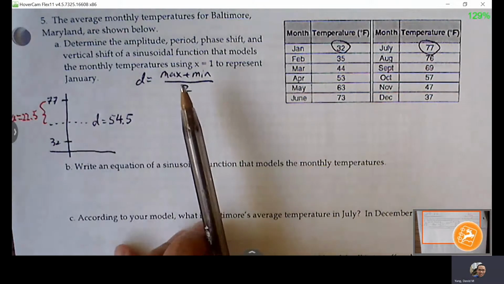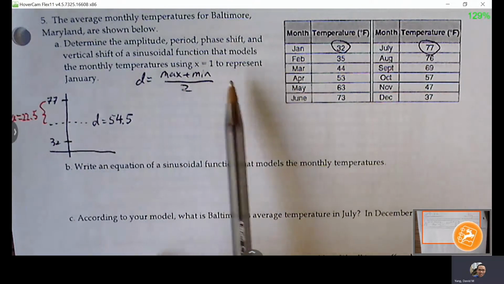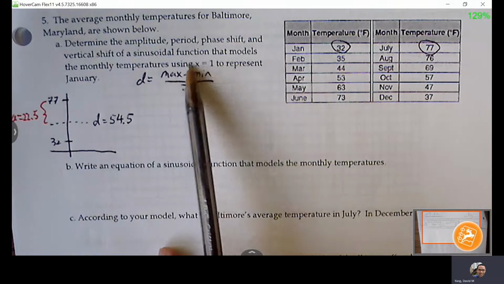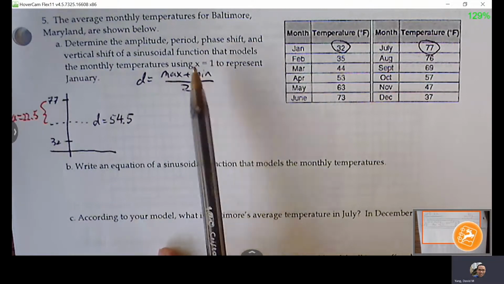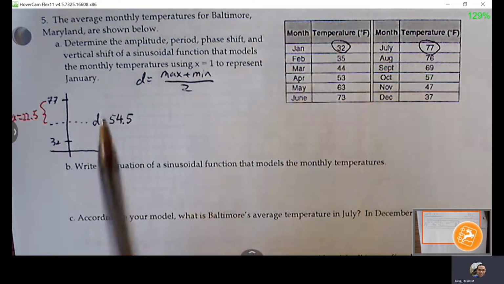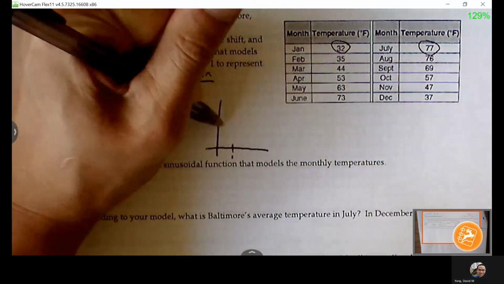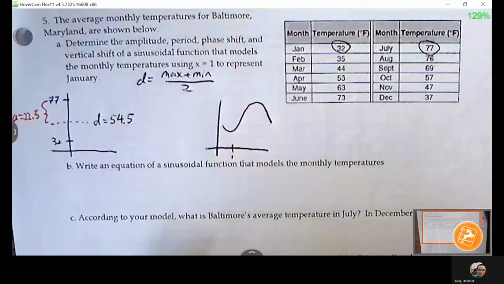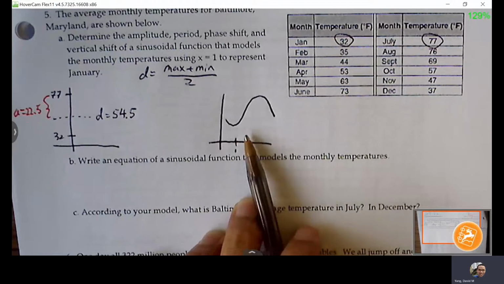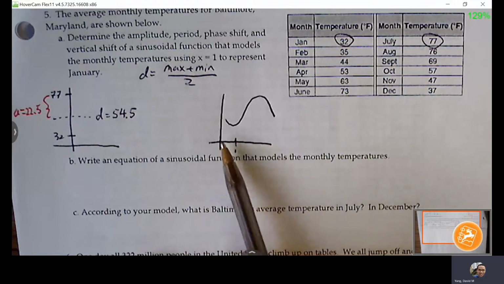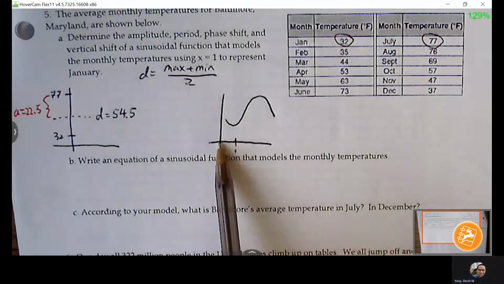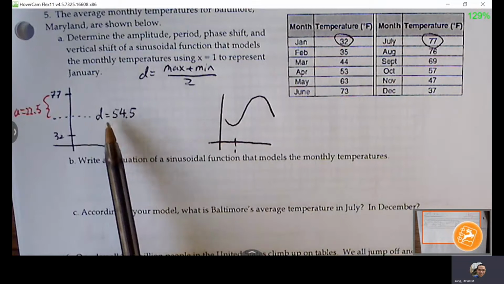Okay, so for number 5, we are starting at 1, and 1 also happens to be the lowest temperature. So what do you think number 5 resembles? Sine or cosine?